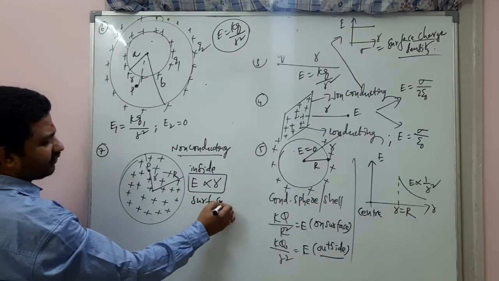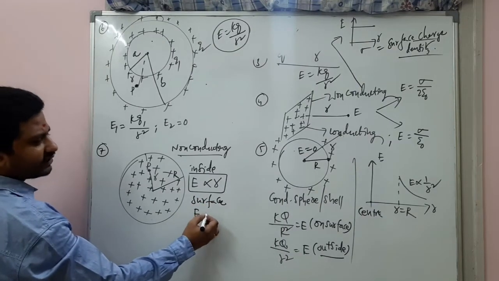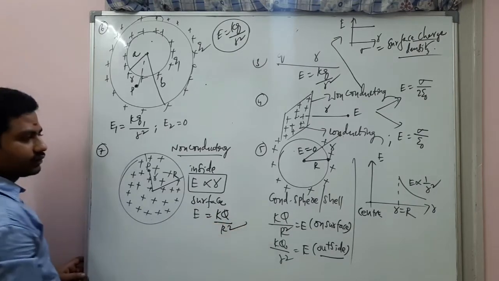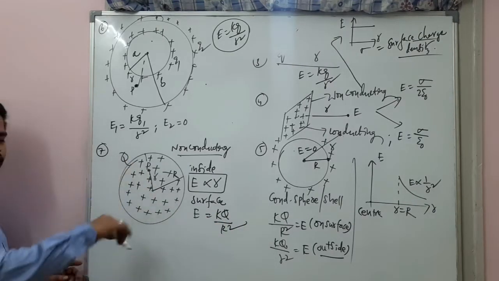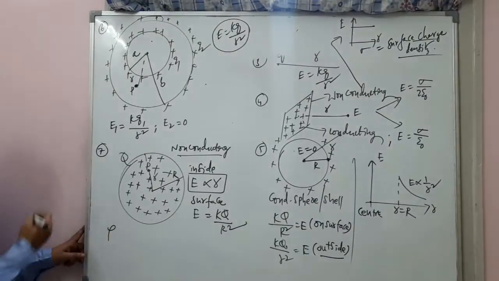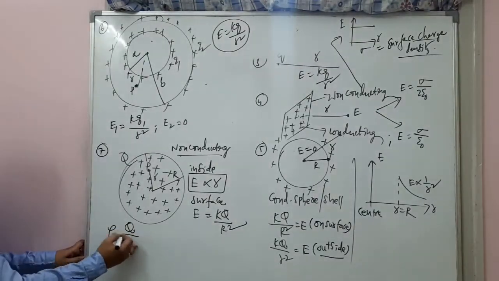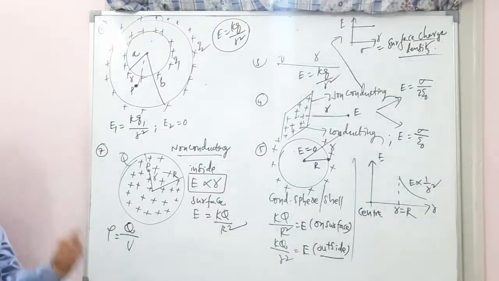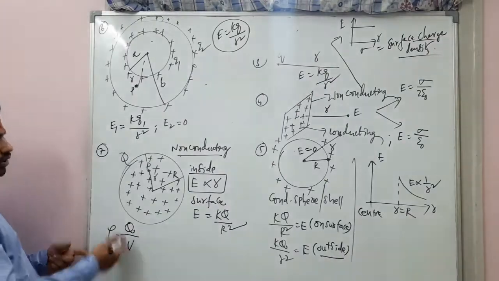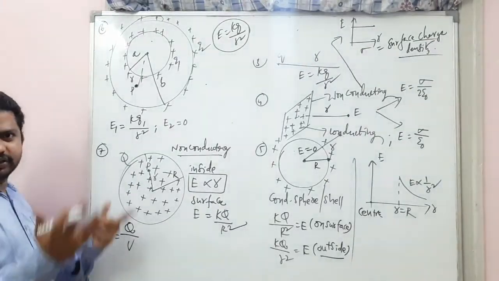On the surface, the electric field is maximum, which is KQ by R square. Imagine the charge present on it is Q, and rho is equal to Q by V, the total volume, charge per unit volume. Throughout the volume it is distributed.